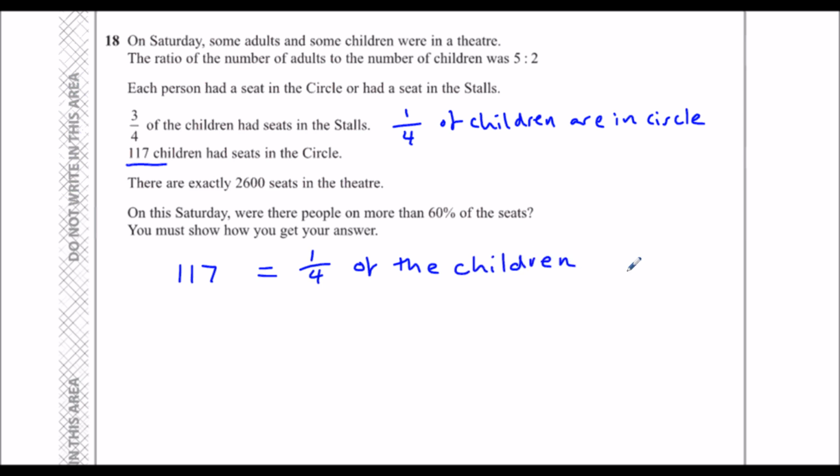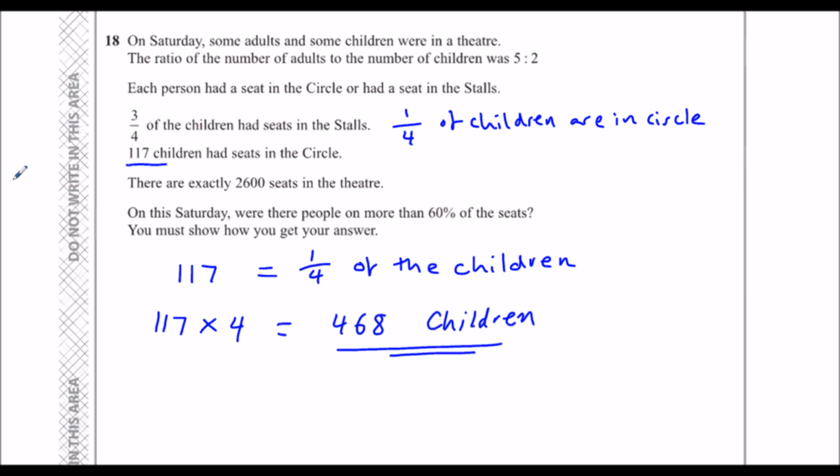So we can find out how many children there are by doing 117 times 4, which is 468. So there are 468 children.